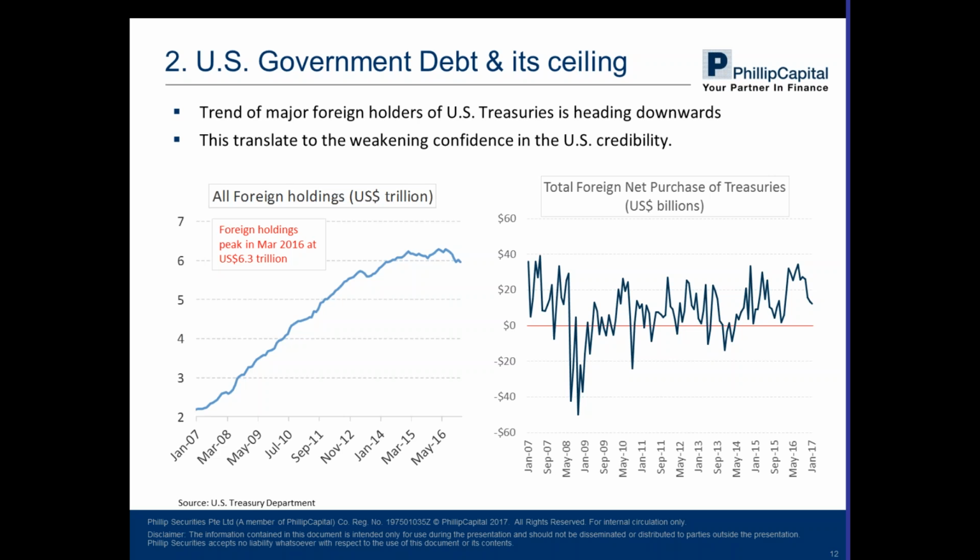On the right-hand side of the chart, in another view, it shows us the net purchase of Treasury. Net purchase includes total purchases minus sales. These are usually your Treasury rollovers after the tenor has reached maturity. You could see that the net purchase has already largely declined in the most current quarter or months.